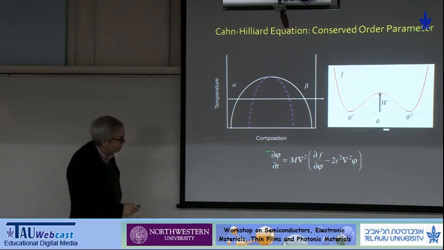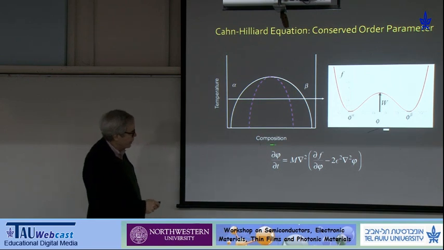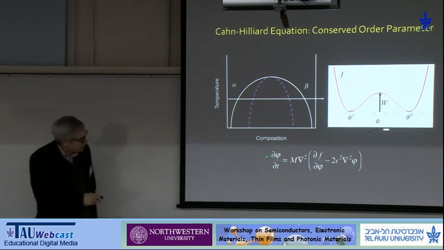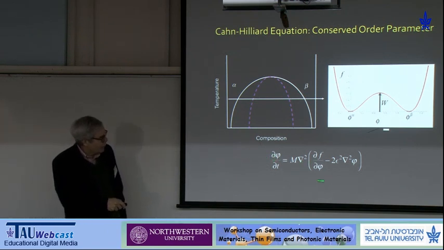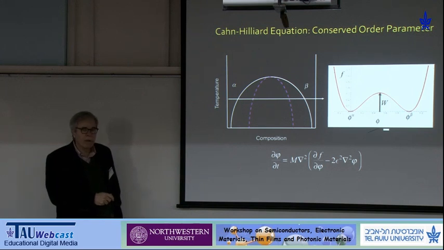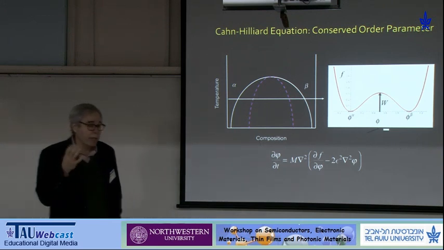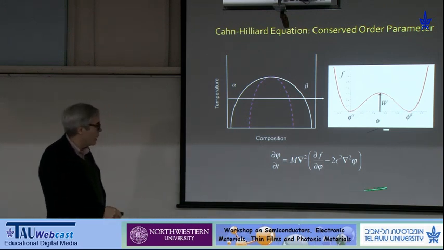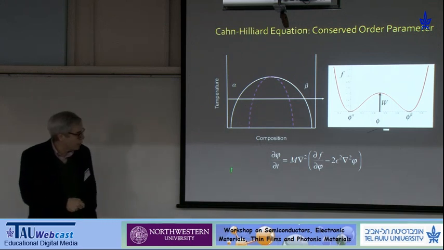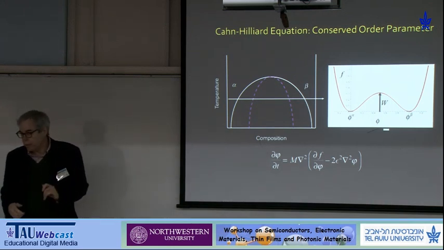If you wrote a finite difference solution to this equation, with forward Euler in time and spatial finite differences, it requires about 25 lines of MATLAB code. Everyone in my phase transformations class, my kinetics class for graduate students, writes a program to solve this equation. It's extremely easy these days to do.